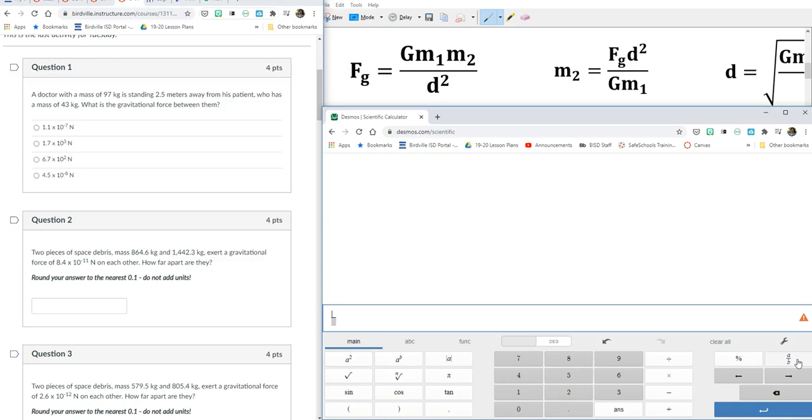So you don't have to worry about, did I put the right number in the right spot? Did I multiply when I should have divided? Anything like that, because you're just building a fraction, just like your equation here. So the first thing I'm going to put in, and I'm going to put all of my numbers in parentheses to make sure that they're clear, is my big G.